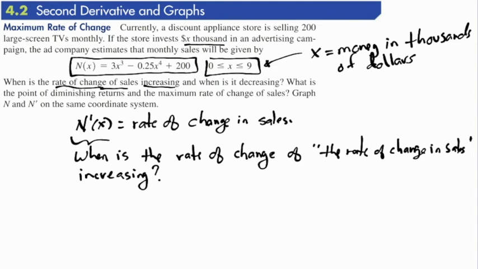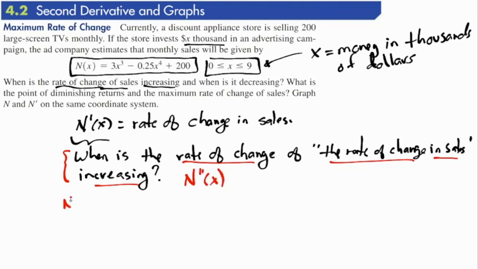And I take the time to write it out like this because you have to be able to identify that this question is asking for the second derivative. When is the rate of change of the rate of change in sales increasing? Well, that means when is the derivative of the derivative increasing? So this is a question for n double prime of x.